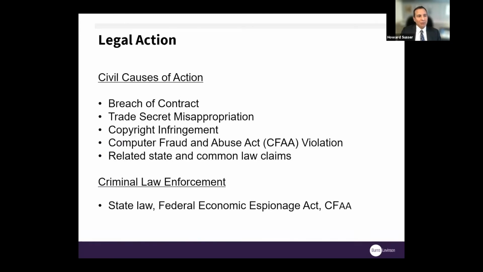So legal actions can be taken for a variety of civil causes of action relating to an employee or other person accessing files, data that doesn't belong to them, that belongs to the company. Clearly, the breach of contract is a fundamental one.